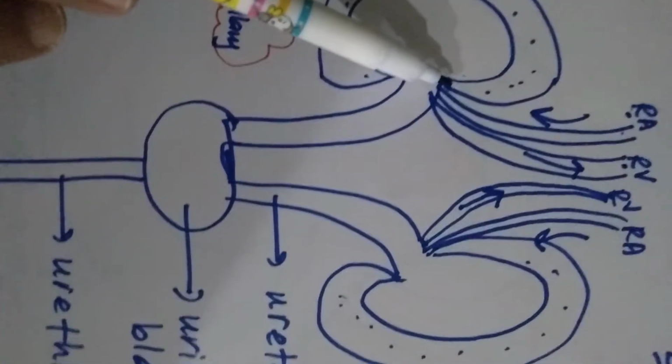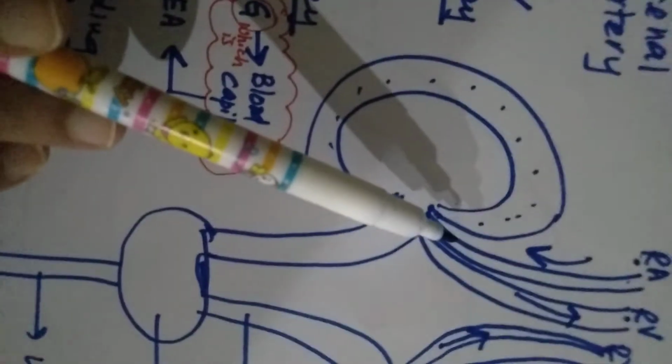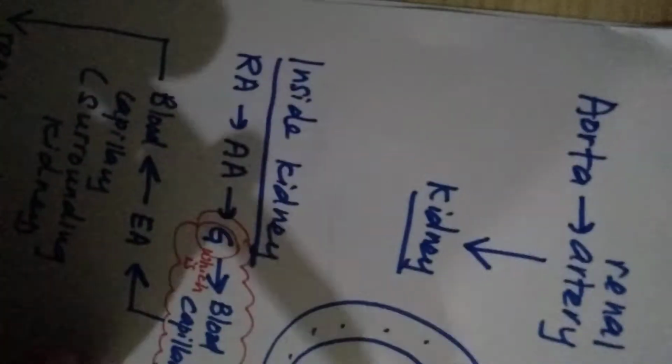Okay, so we're only going to concentrate on glucose, amino acids, mineral salt, water, and nitrogenous waste product, which is urea. Okay, we concentrate on urea first.